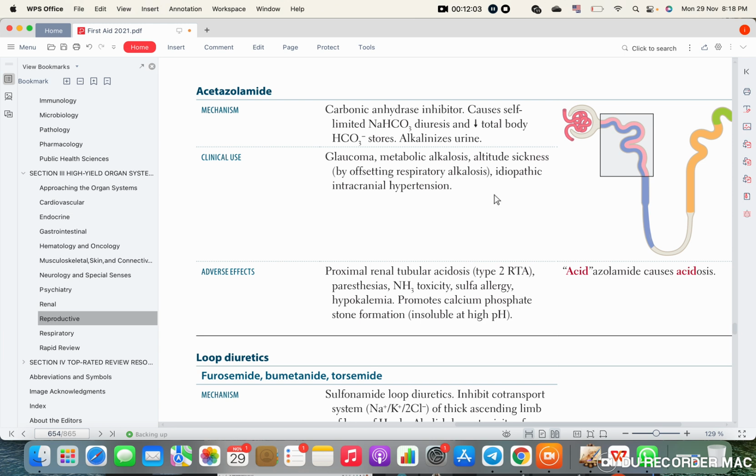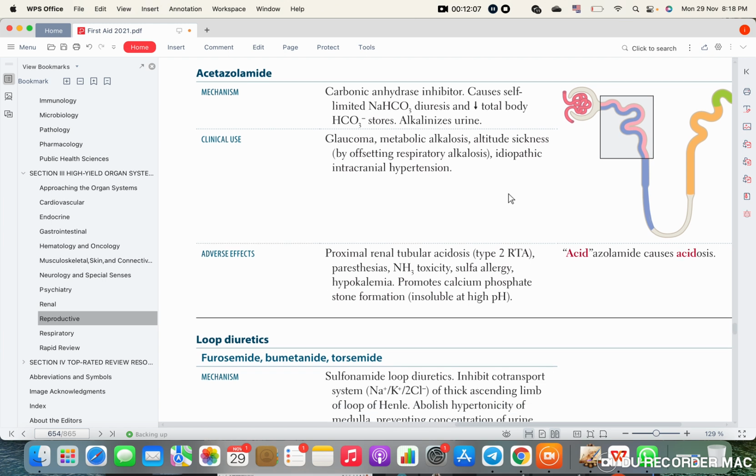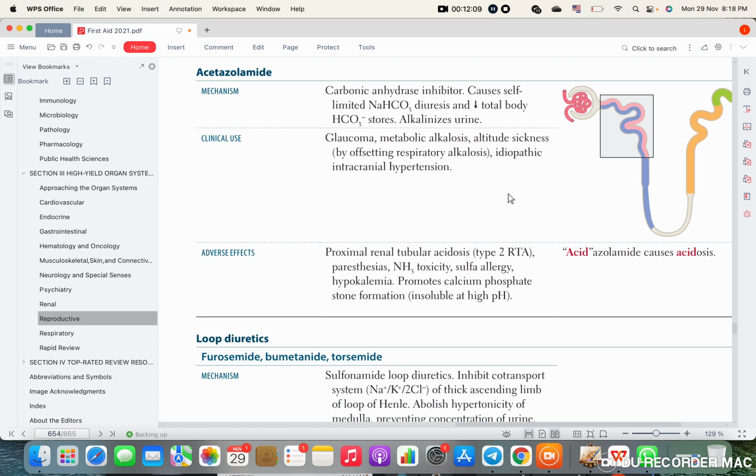You must know why we call it a pseudotumor cerebri. Guys, in case of a brain tumor, when does the headache occur? Is it in the morning or in the evening? It occurs in the morning.